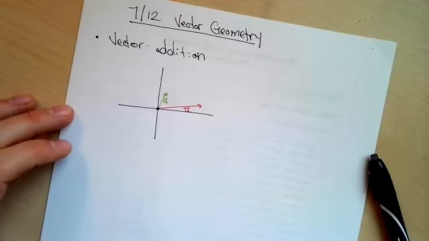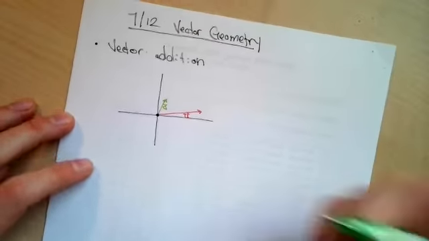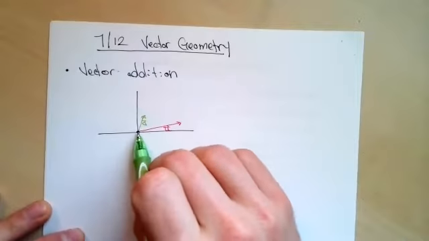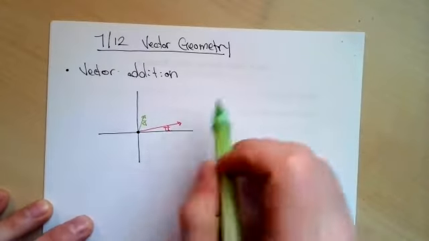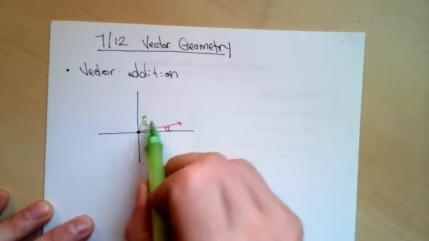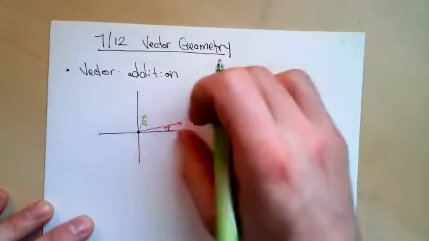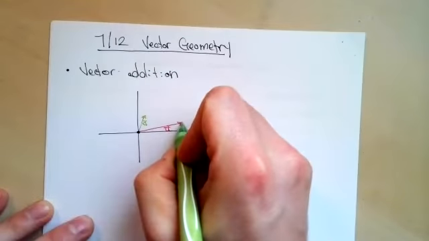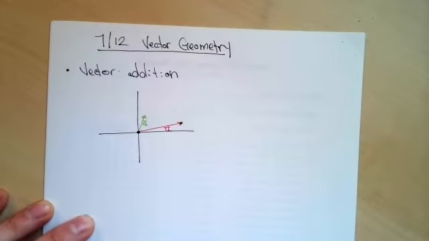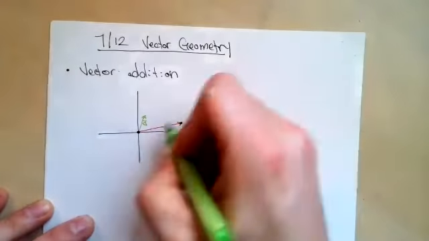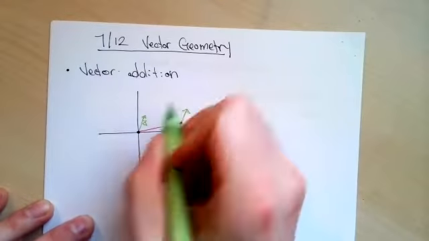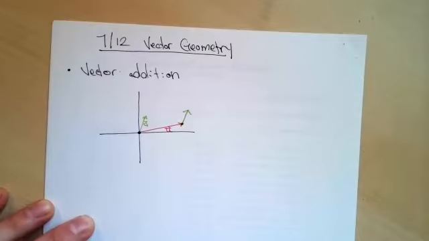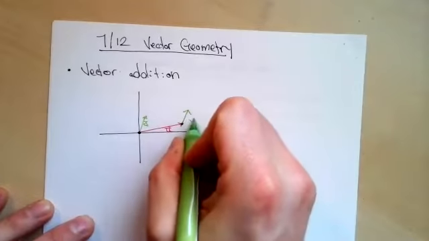what are we doing when we add two vectors? What you want to do is draw either vector, pick one first. So if we're doing u plus v, we can draw u first. And then what you want to do is translate v to put the starting point now at the tip of vector u, and then draw the corresponding vector for v.